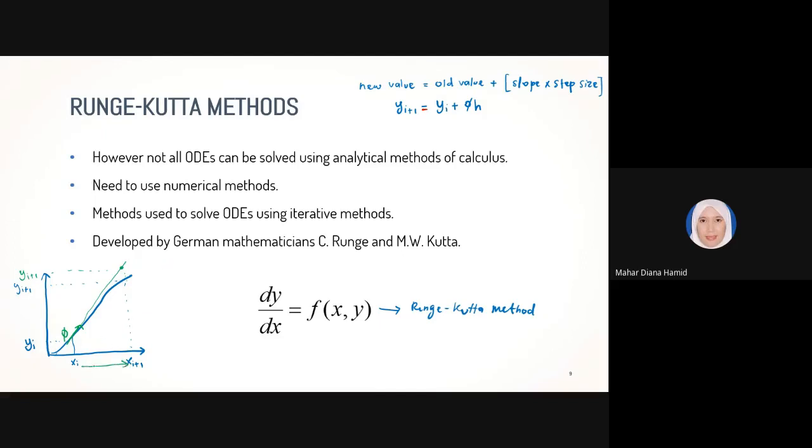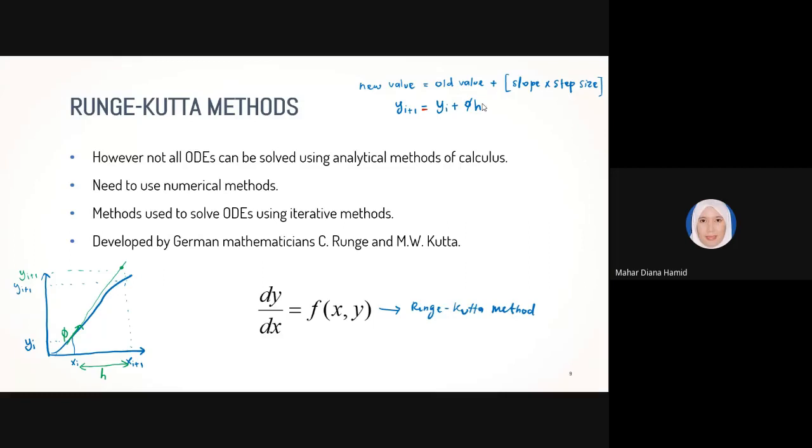So this would be h. This is how we represent the general form of Runge-Kutta methods graphically.